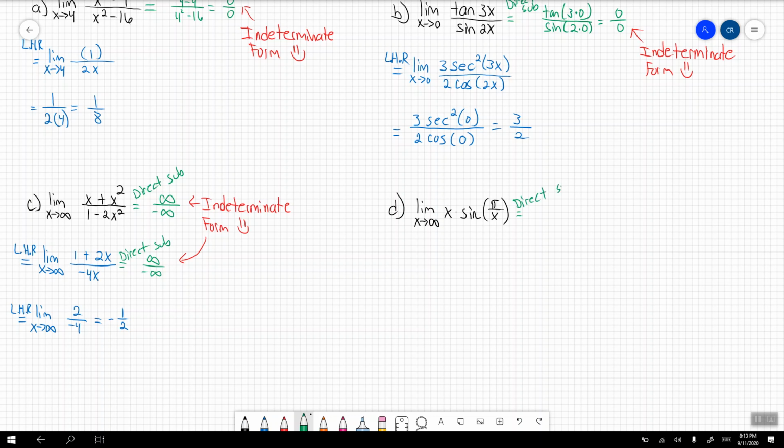If we can use a direct substitution, we'll try to see if we can get something out of here. So, as x is going to approach infinity, my first factor, which is x, will be approaching infinity as well, which means I will have some form of infinity multiplied. Let's see this one here, sine of pi divided by x. Well, as x gets very large, pi divided by x is going to get very small.